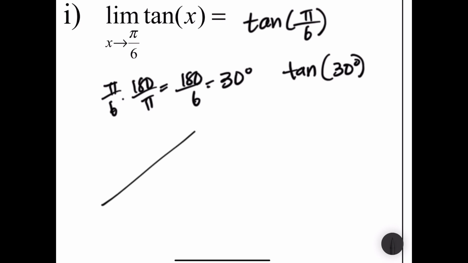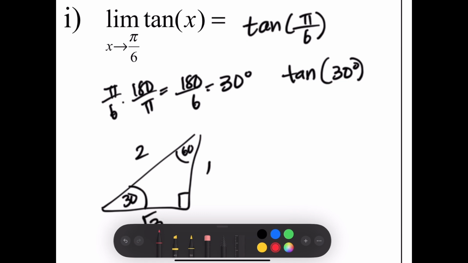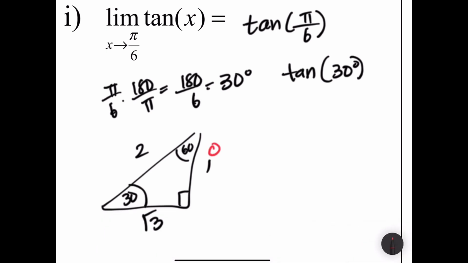And a 30-degree triangle using reference angles would look like this. Tangent is opposite over adjacent. In this case, opposite is 1, adjacent is radical 3.